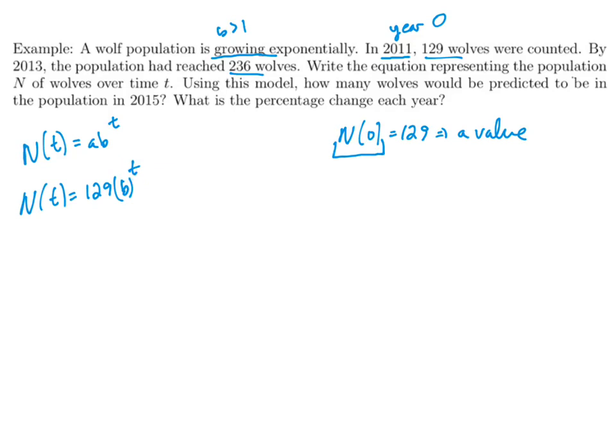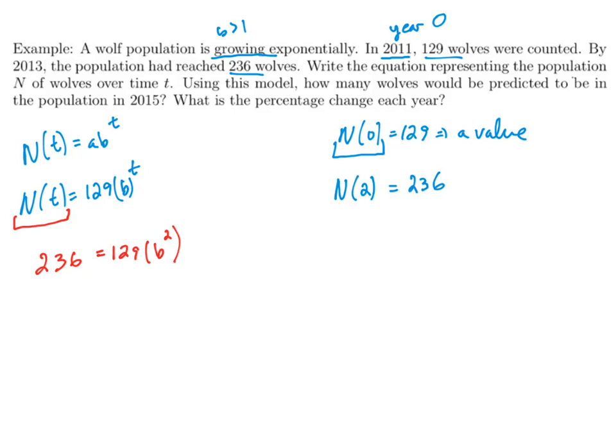Okay, and then it says in 2013 there were 236 wolves. So what that means is n of 2 is going to be equal to 236. So for the output value, we're going to do 236 is equal to 129, we know that that's our initial value, and then the input value was 2. So we need to solve this for b here.